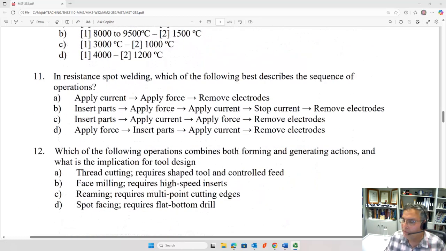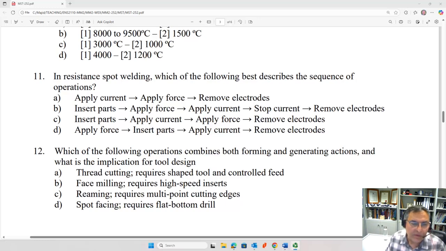Question 12. Which one of the following operations combines both forming and generating actions, and what is the implication for the tool design? Well, A says thread cutting requires shaped tool and control feed.